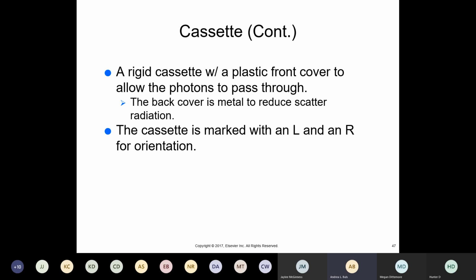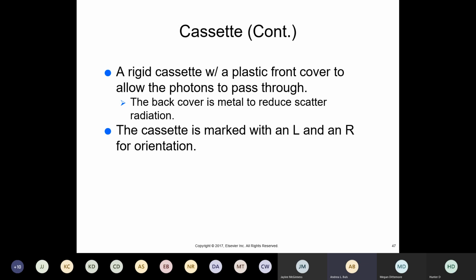The rigid cassette allows those photons to pass through, and then the back cover of that is metal, which helps reduce scatter. These cassettes are marked with an L and an R. Remember we talked about the identification dot on the little intraoral films?